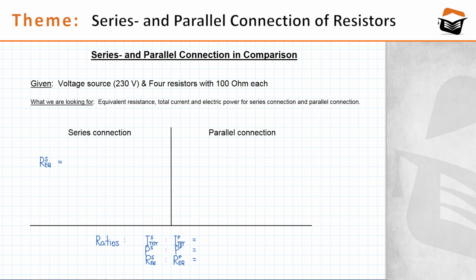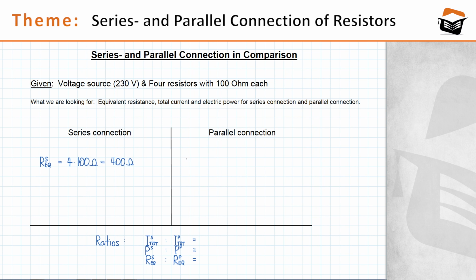In our example, we have 4 resistors with 100 ohm each, so 4 of them connected in series will give us 4 times 100 ohm, and whether you say ohm or ohms, the latter is actually plural and the former singular, but it doesn't make a big difference as far as correctness. 4 times 100 ohms is equal to 400 ohms. So that's the total resistance of the resistors connected in series.